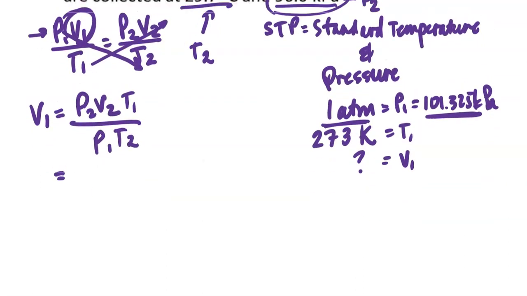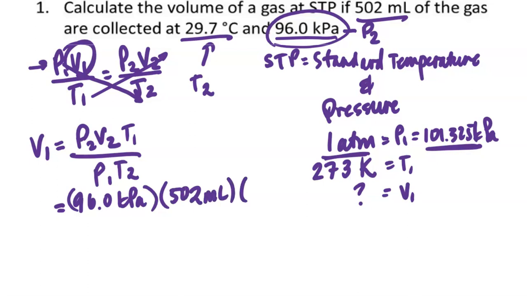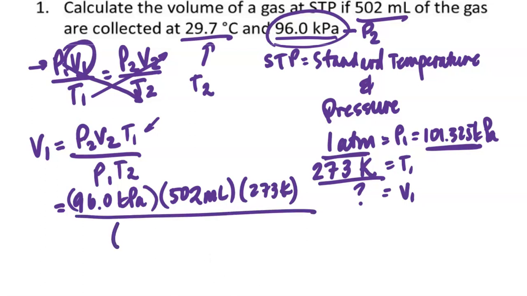My second pressure was 96 kilopascals. My second volume was 502 milliliters. My first temperature was 273 Kelvin. Then I'm going to go down into the denominator.